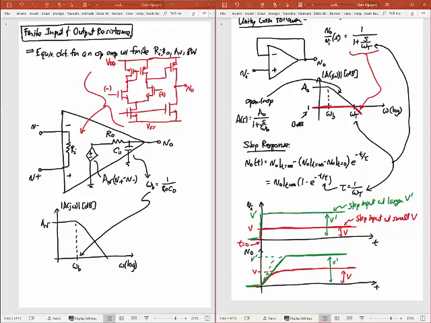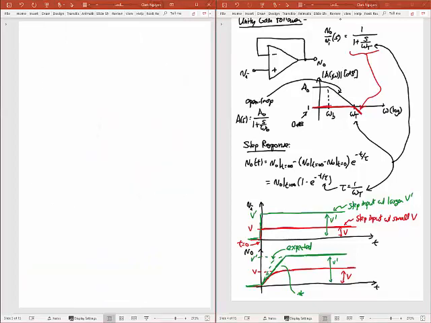What you're seeing here is that if this is the expected curve for the large one, we're not getting the expected curve. So why aren't we getting that expected curve? I'm going to have to go to the next page to write this.